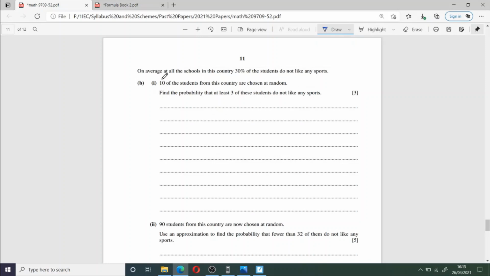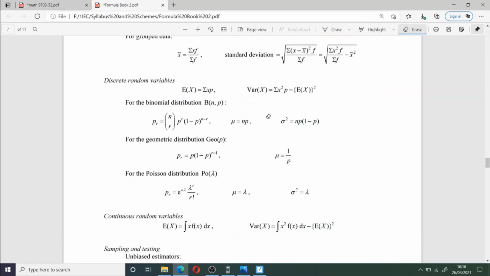We have a fixed number of trials, our success is not liking sport, and here is our probability of not liking sport. So this is distributed binomially with 10 as our number, n, and our probability is 30% or 0.3. Okay, so this is what we're looking at here, our binomial distribution.